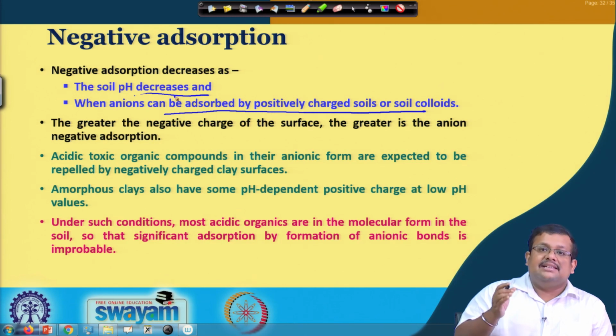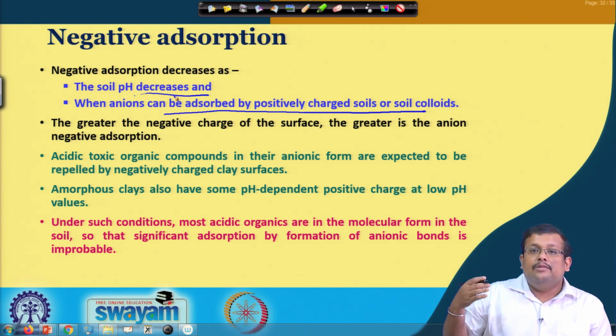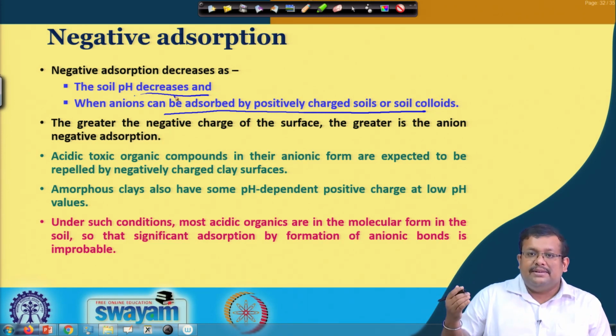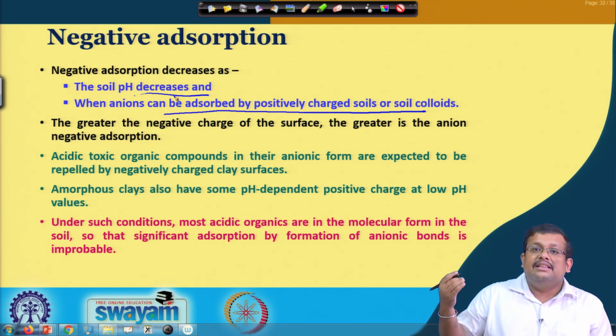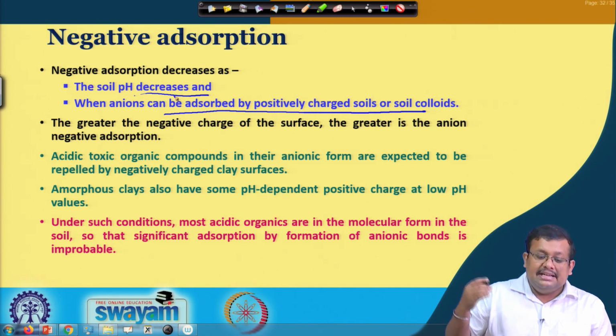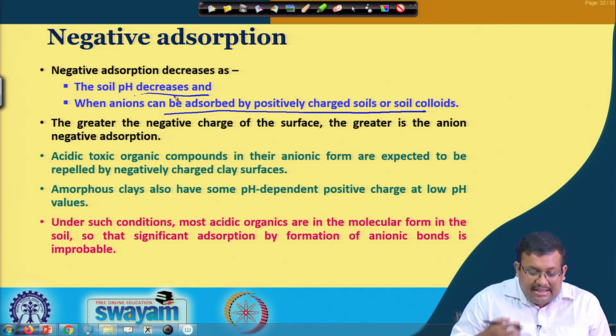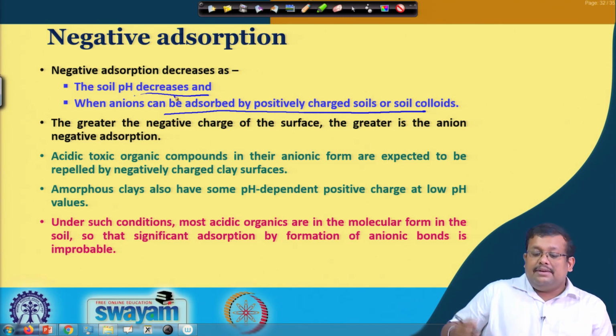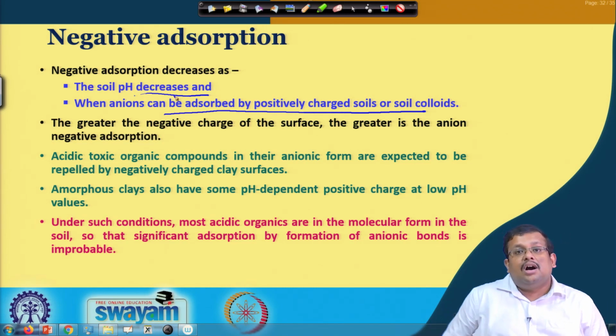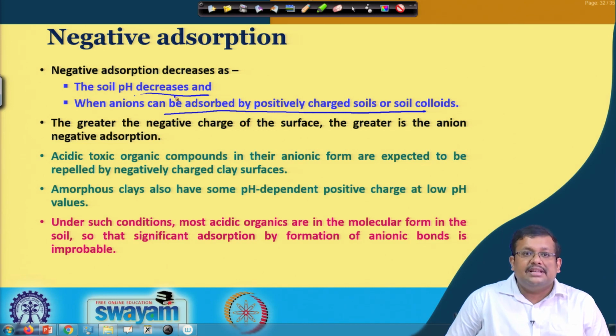Because when the pH decreases, there will be formation of positively charged, pH dependent charge. As a result, there will be attraction between these anions and the positively charged surface, resulting in reducing the negative adsorption. Similarly, anions can be adsorbed by positively charged soils or soil colloids. So, these are two conditions in which we can see reduction of negative adsorption.